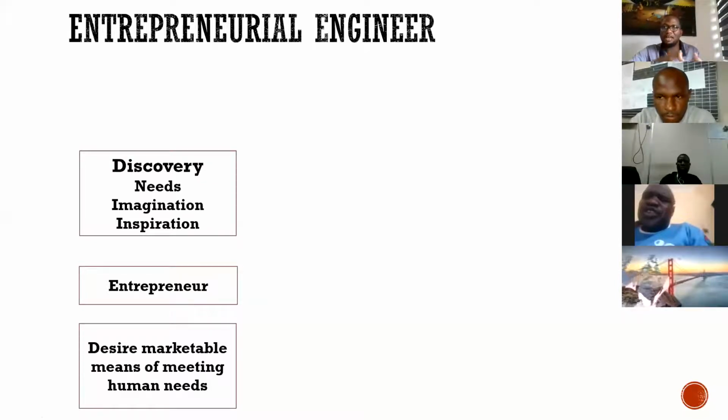An entrepreneur and an engineer want to solve problems for the society. They want to solve human-related problems. But the difference, like I told us in the last class, is that an engineer stops there. He looks at the technicalities of how those problems should and would be solved.